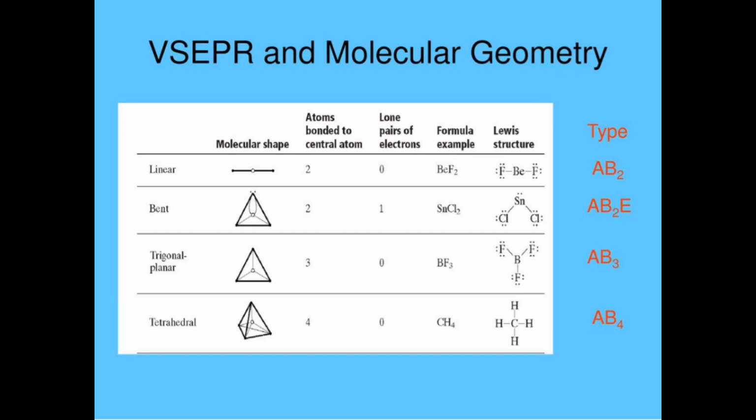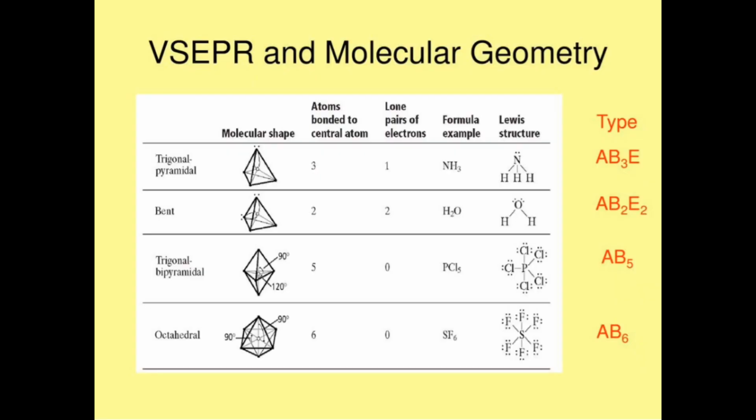You can add more Lewis formula examples to them. You can also have a trigonal pyramidal, then you have it like this. You have a bent. You have a trigonal bipyramidal. You have an octahedral. So do well to learn all of this.